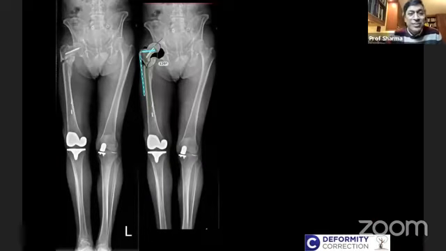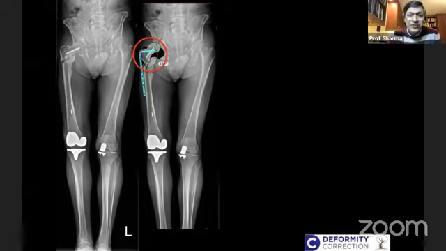Now, Arshad doesn't like blade plate, and I have to say I quite like blade plate in these situations because I don't use frames in the femur. So this is the plan. I put it into valgus and I correct the mechanics, and I hope it will heal. But the problem is he has a broken screw, which I have no desire to go in and take out.